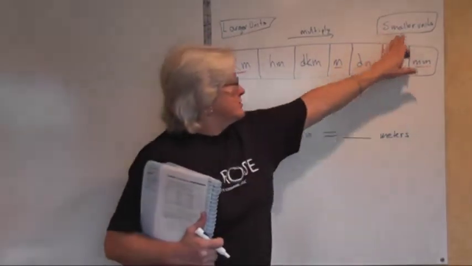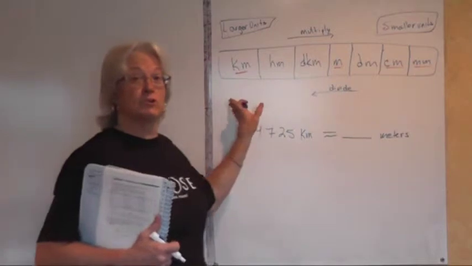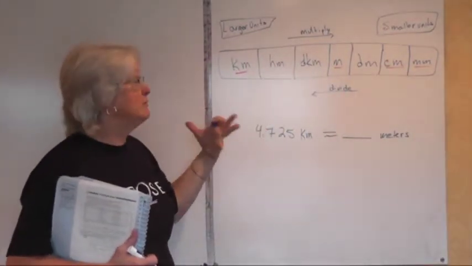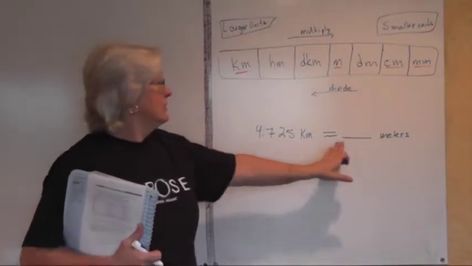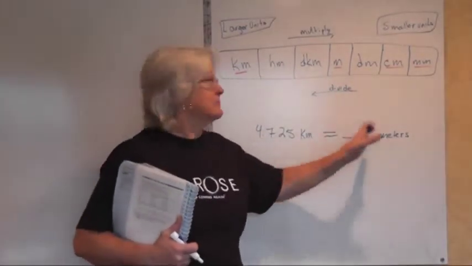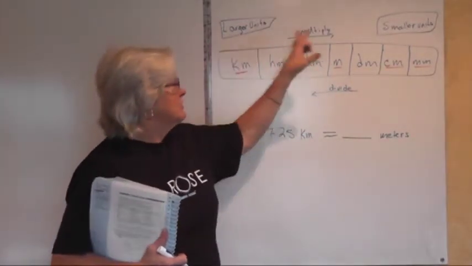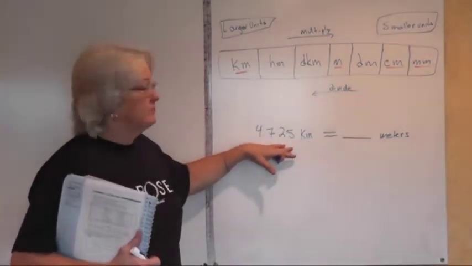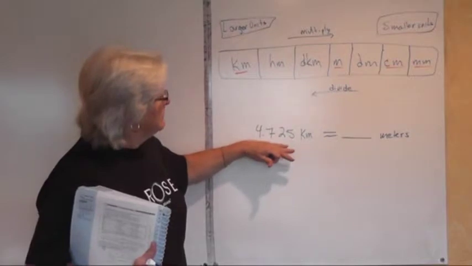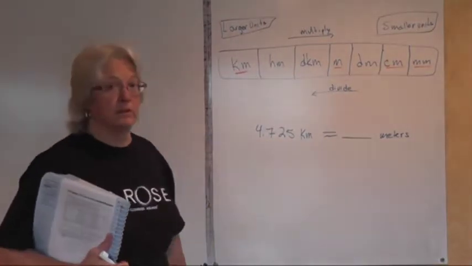If we're moving from smaller units to larger units, we're going to divide. So first off, you've got to learn what these units are. You've got to learn that a kilometer is larger than a meter. So since we're moving from larger units to smaller units, we're going to multiply this number of kilometers to get to the meters.